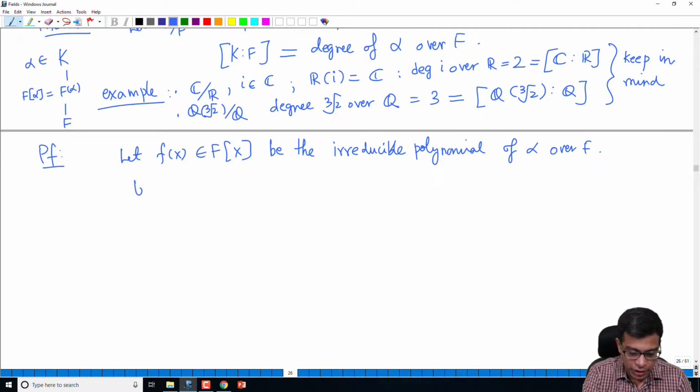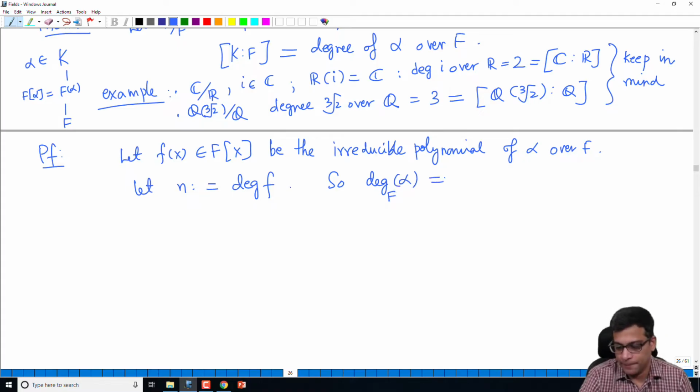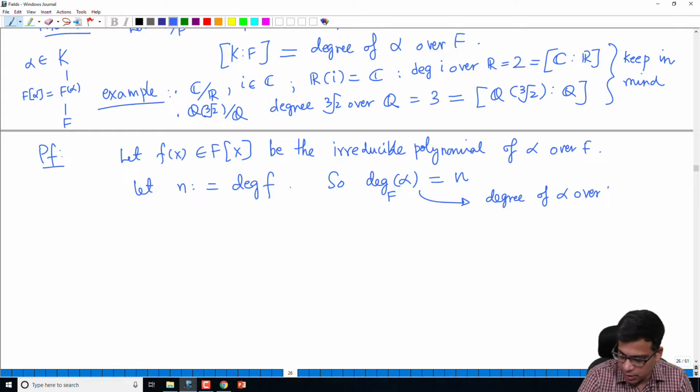So let the degree of this polynomial be n. So degree of alpha, I will write it like this for simplicity, is n. This symbol here stands for degree of alpha over F. It's a convenient way of writing that.